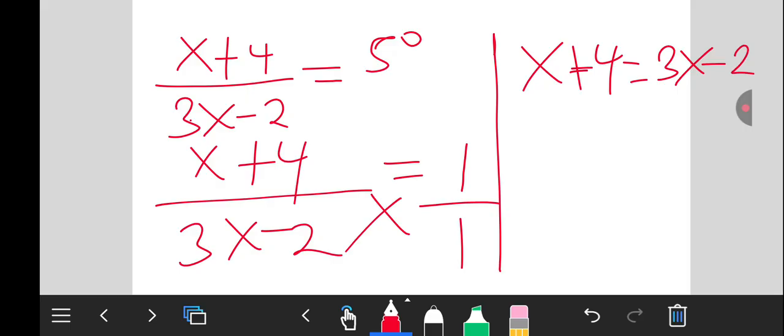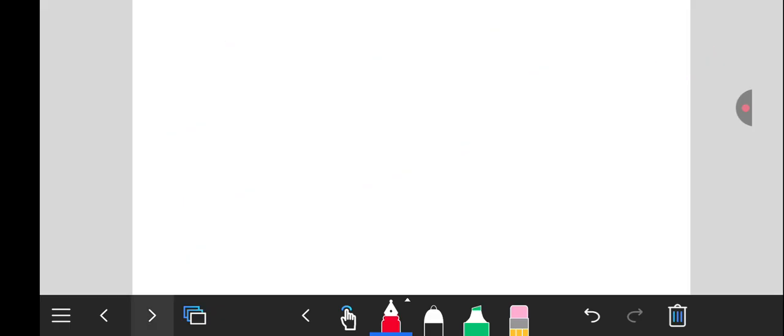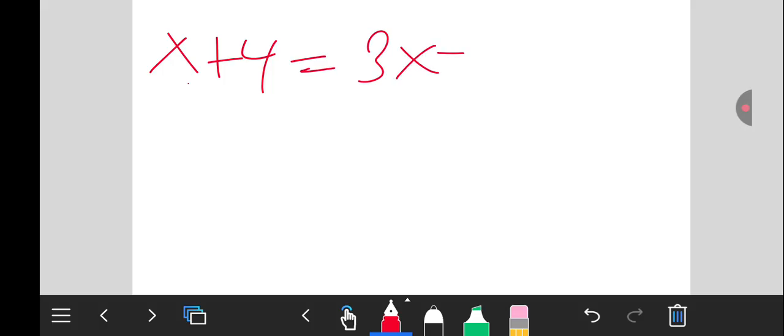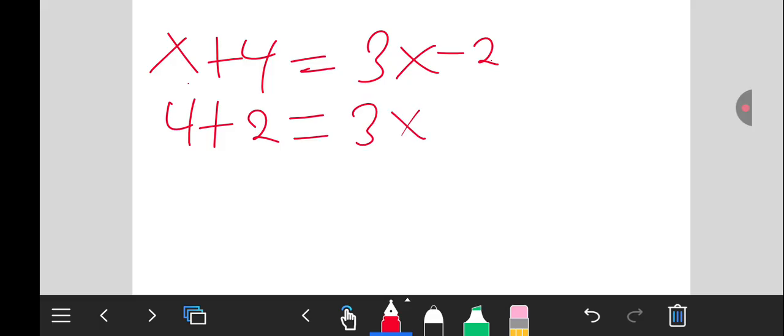Okay, so that is the one we have there. So we're going to have x plus 4, which is equal to 3x minus 2. At this point, you can collect the like terms. This negative 2 can come this side, so we can have 4 plus 2. In short, we have found the additive inverse of negative 2, which is positive 2. Then is equal to 3x.